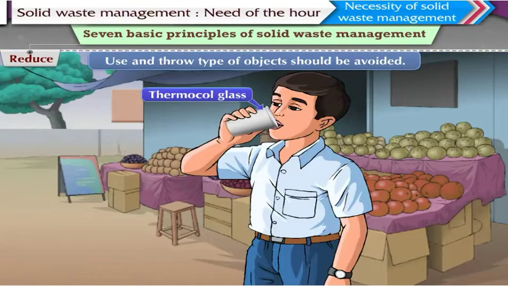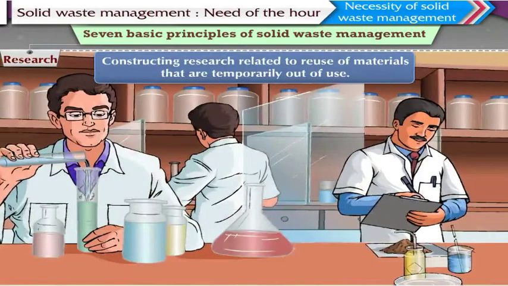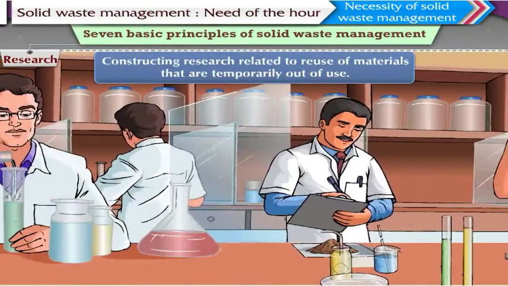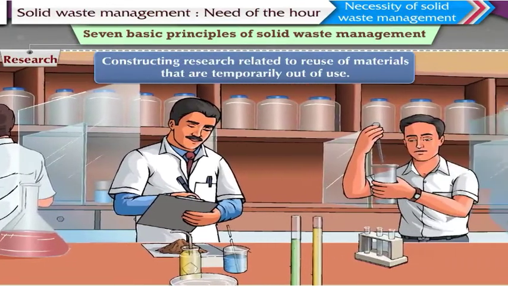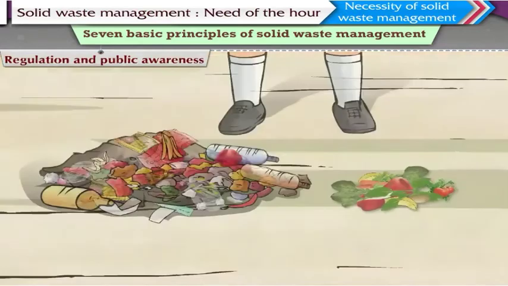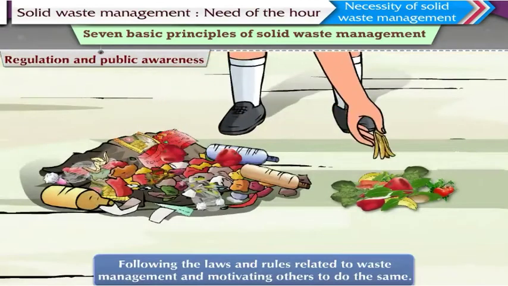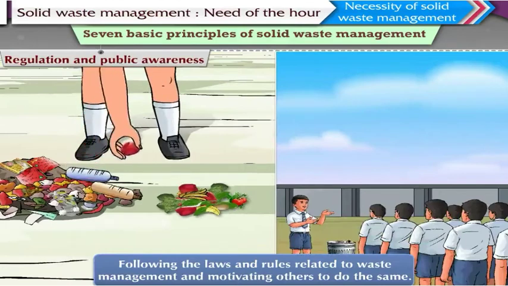Use and throw type of objects should be avoided. Research. Constructing research related to reuse of materials that are temporarily out of use. Regulation and public awareness. Following the laws and rules related to waste management and motivating others to do the same.